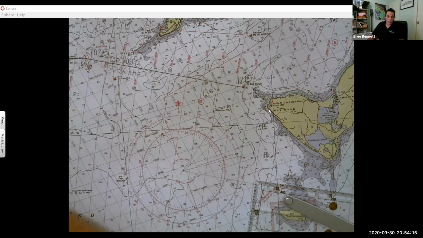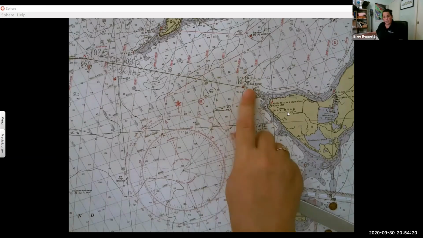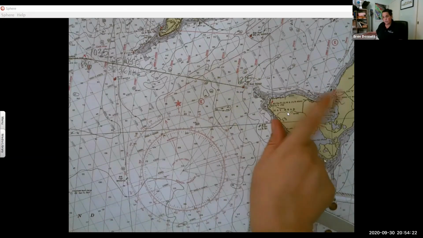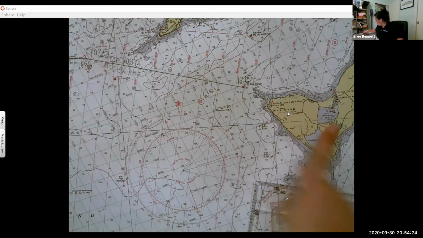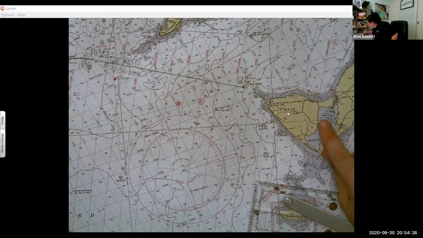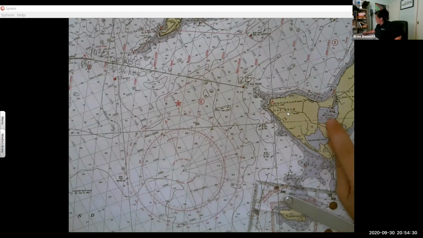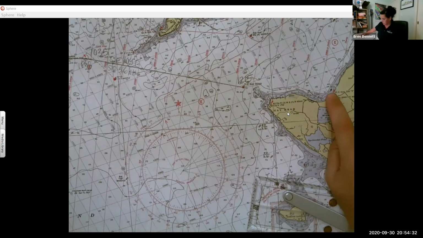Okay, so now from buoy 29, we're going to head in to the pond here. What is this? Minisha Pond. And we're going to go to buoy 1. That's that little black buoy there, buoy 1.